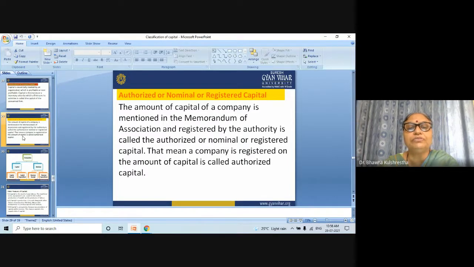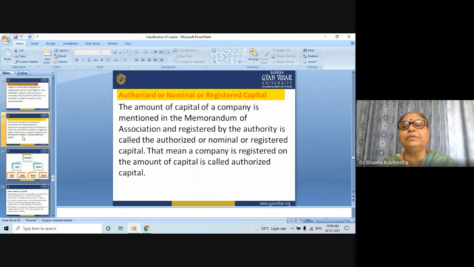The amount of capital of a company mentioned in the memorandum of association and registered by the authority is called the authorized, nominal, or registered capital. That means the amount of capital on which a company is registered is called authorized capital.